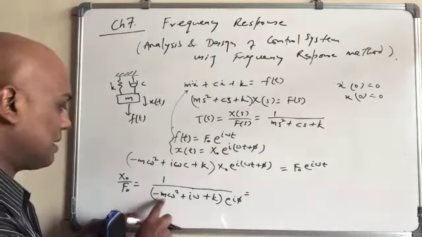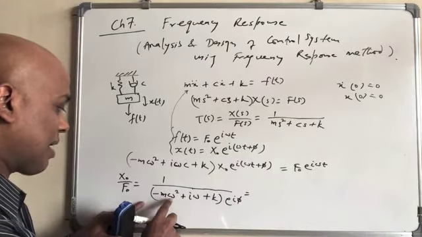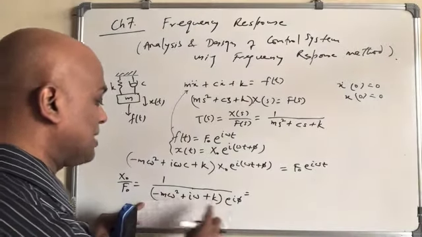Remember that i squared omega squared is there, that's why it is like this.